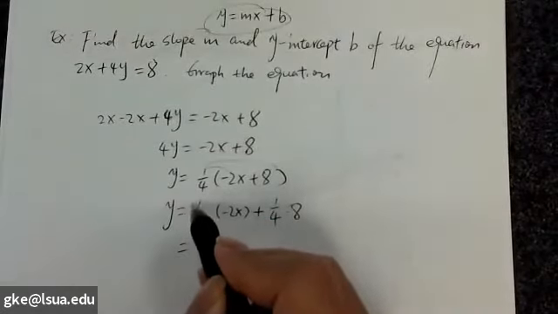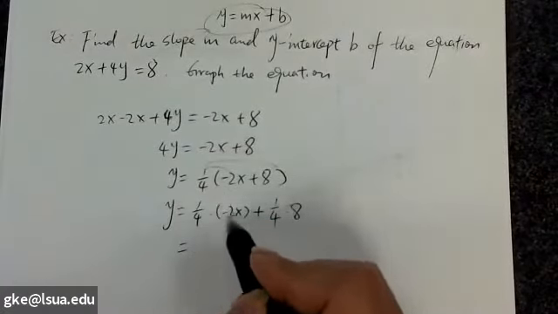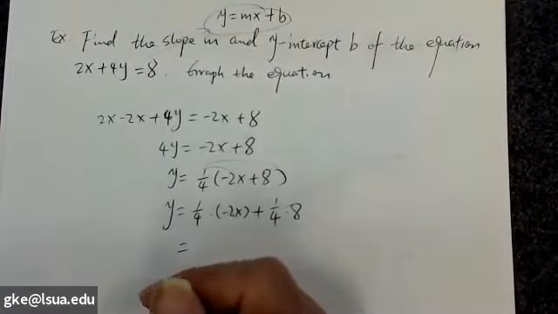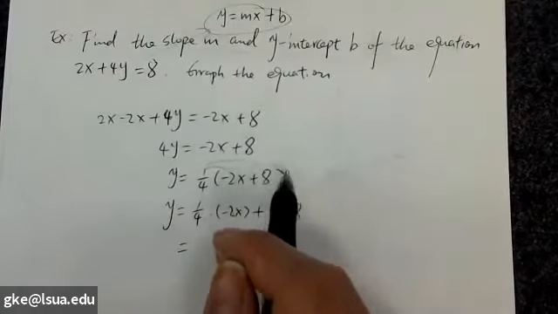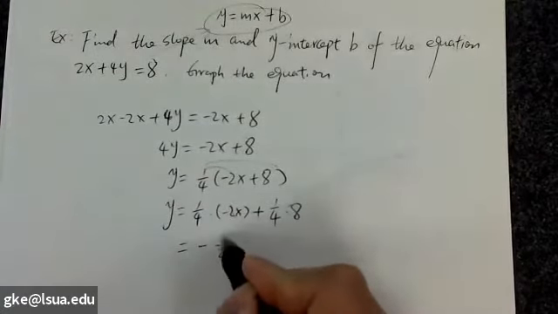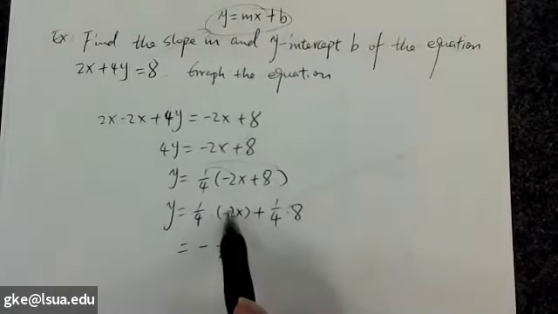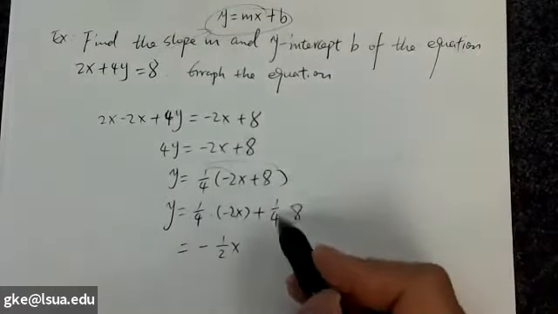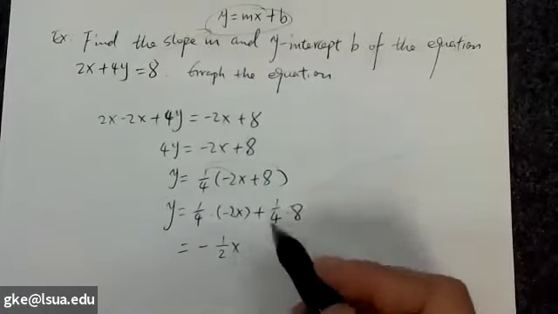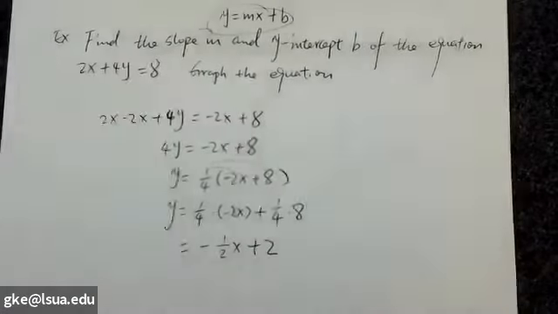And then you can simplify it. Here's -2/4, you can cancel out the 2, since 4 equals 2 times 2. So that is -1/2, because here is a negative. Here 8 times 1 is 8, 8 divided by 4 is 2.